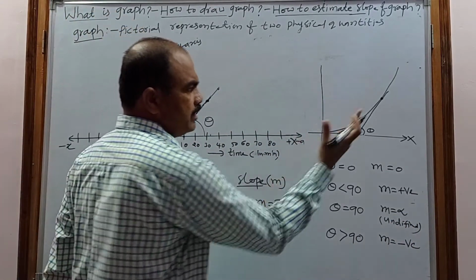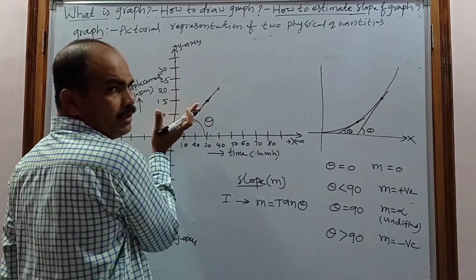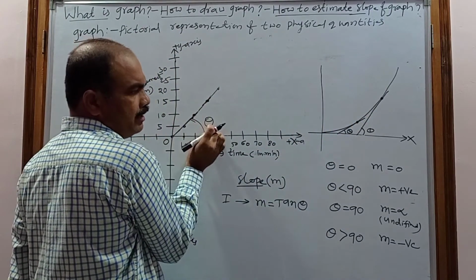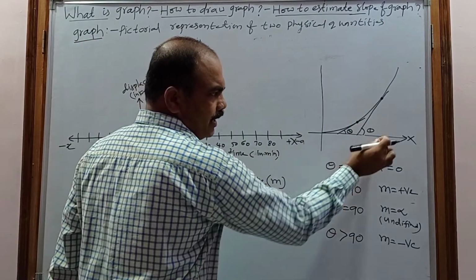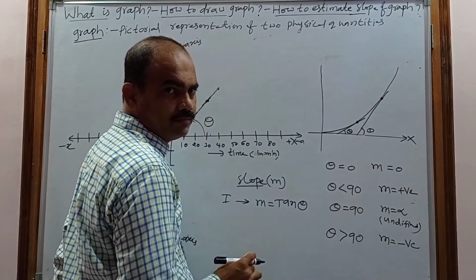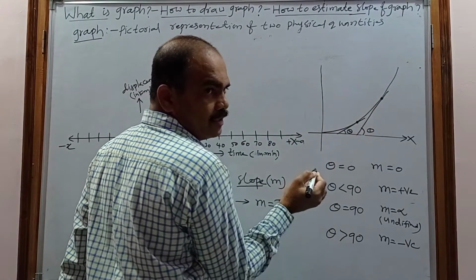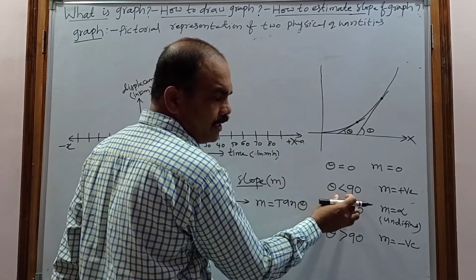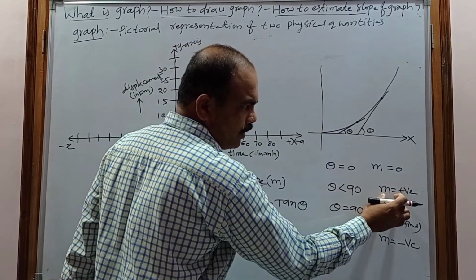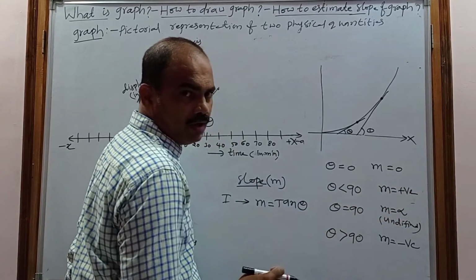So if these tangents or straight line make an angle of 0 degrees with the x-axis, then the slope of the graph is 0. If the angle is less than 90 degrees, then the slope is positive.